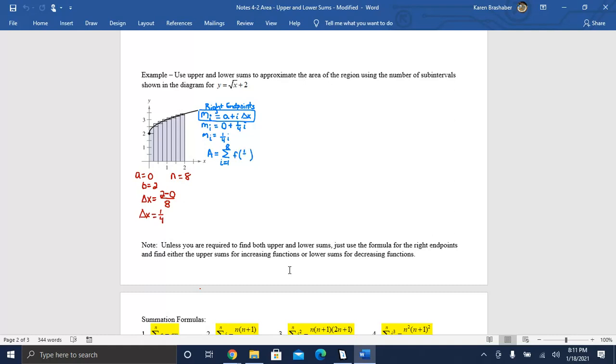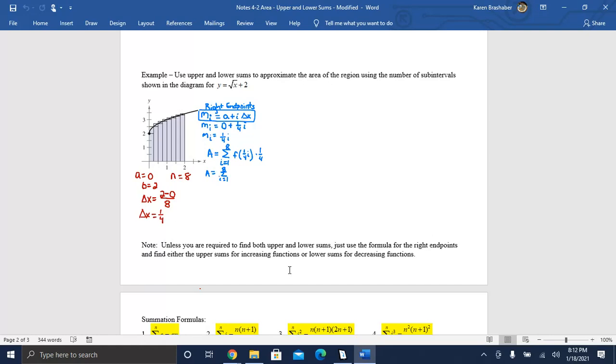So f of 1/4 i. Remember, think of this as length times width. So you've got your length or your height. You have to multiply that by the width, which was 1/4. All right, so our area is going to be the sum from i equals 1 to 8.